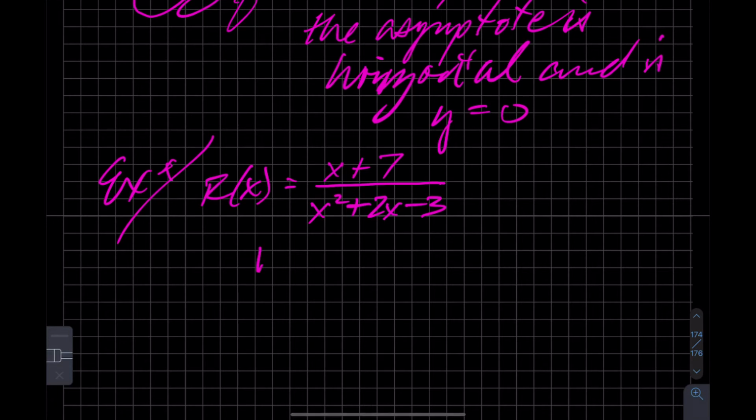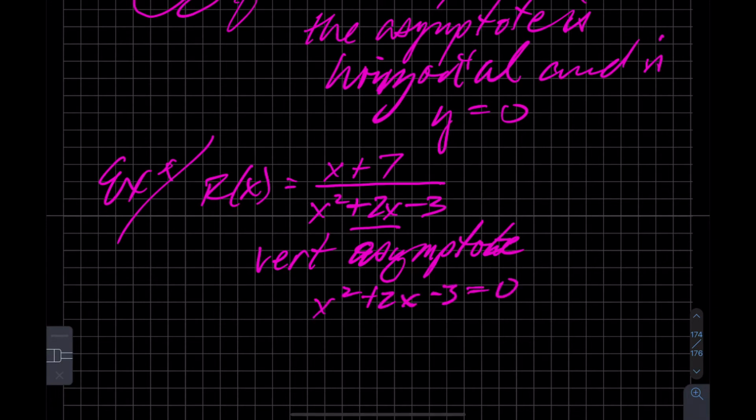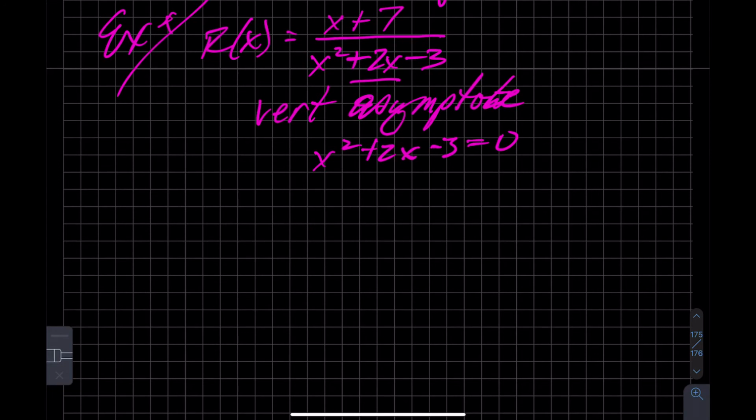And so typically first we go for what is the vertical asymptote. And we will have this polynomial, the denominator, we're going to set it equal to 0. And then we're going to solve it. Now, you have multiple ways to do this. You can use the quadratic formula if you wish.